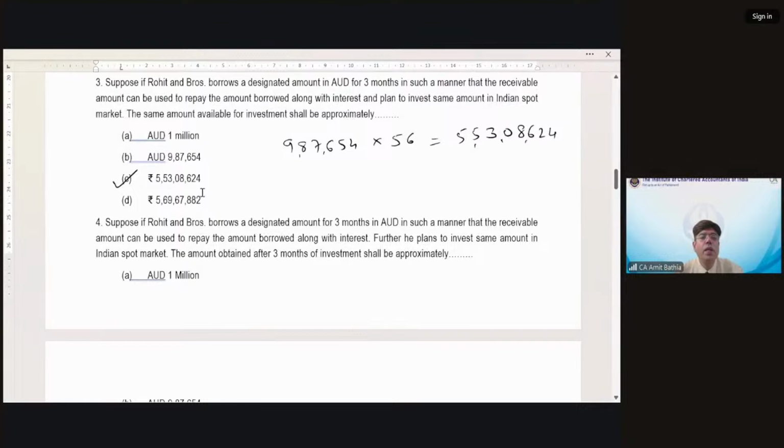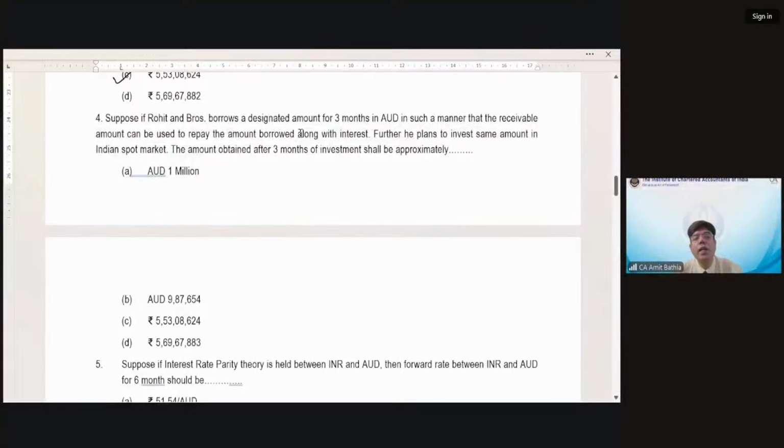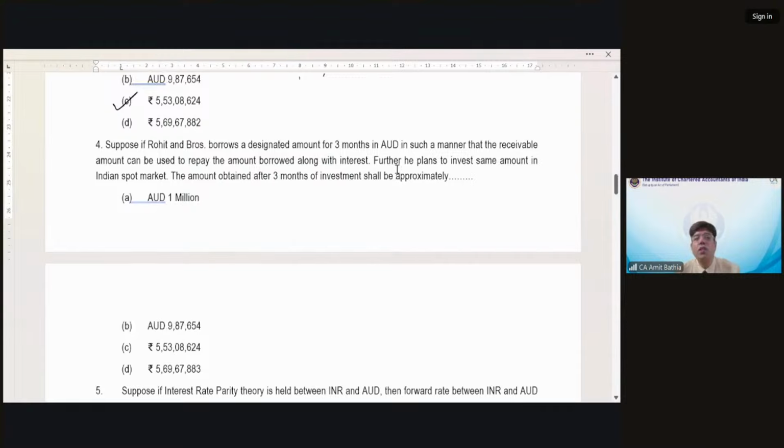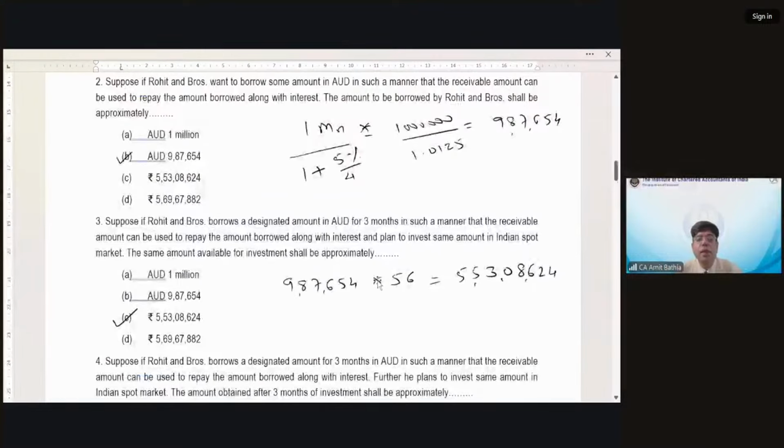All right. Suppose Rohit and brothers borrow a designated amount for 3 months in AUD in such a manner that the receivable amount can be used to repay the amount borrowed along with interest. Further, he plans to invest the same amount in Indian spot market. The amount obtained after 3 months of investment shall be approximately. Now, you have received 987,654 dollars.